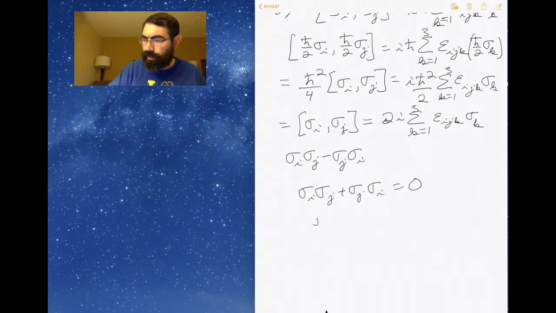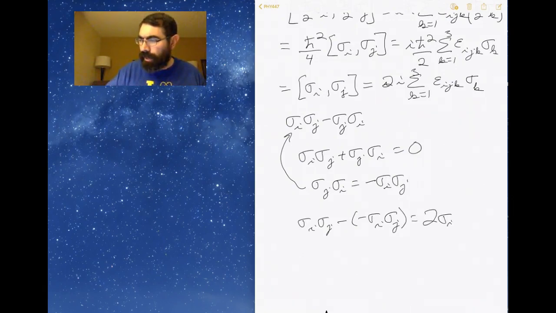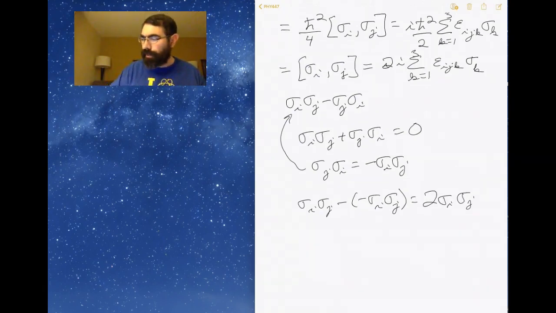That means that sigma j sigma i is equal to minus sigma i sigma j. So if I put that into the commutation relation, I get sigma i sigma j minus minus sigma i sigma j, which is equal to 2 sigma i sigma j, which I now put back into the above equation.